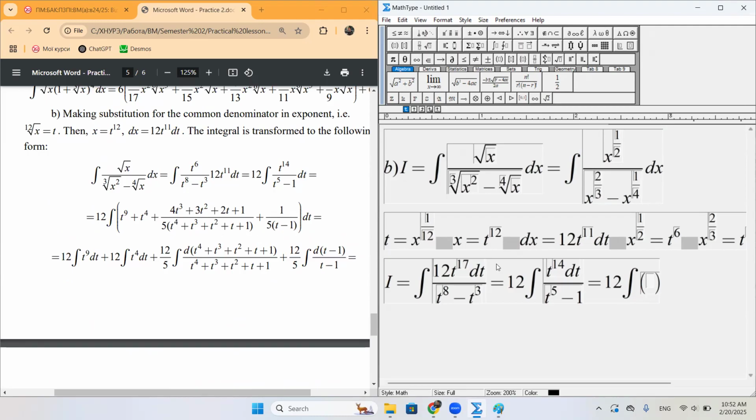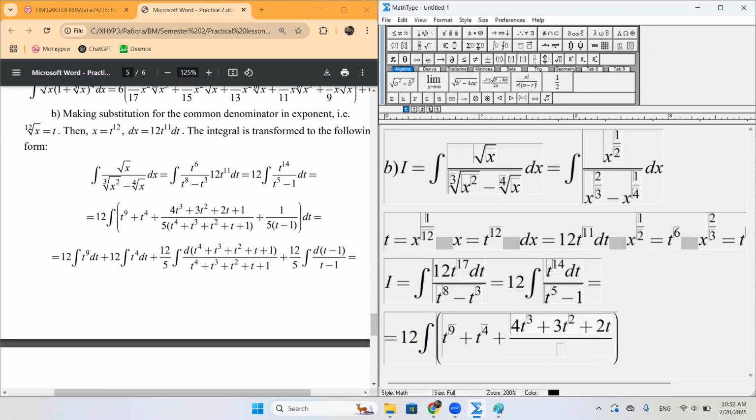And what do we have? So t in power of 9 plus t in power of 4 plus this expression plus 3t power of 2 plus 2t plus 1, divided by 5 times t in power of 4 plus t in power of 3 plus t square plus t plus 1, and plus 1/5.